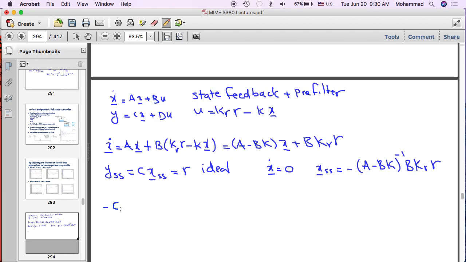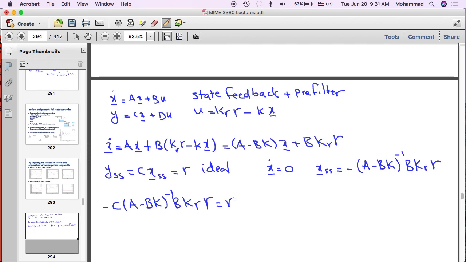Minus C times A minus B times K inverse times B times KR times R. We want it to be equal to R. From the line above, we said we want y steady state to be equal to R. So that means now that C times A minus B K inverse times B times KR times R has to be equal to R.